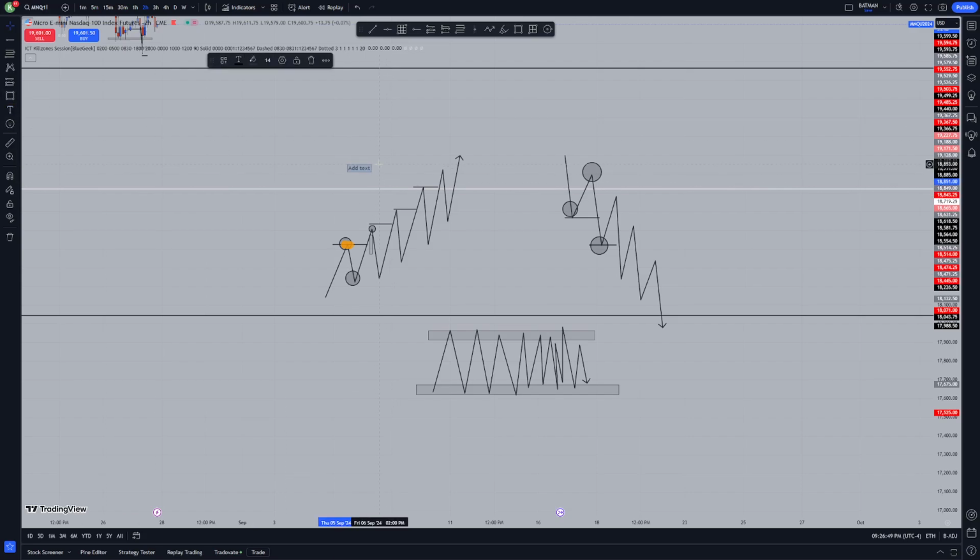So this is a higher high. This is bullish momentum, bullish sentiment, whatever. You can call it anything. Bearish sentiment.